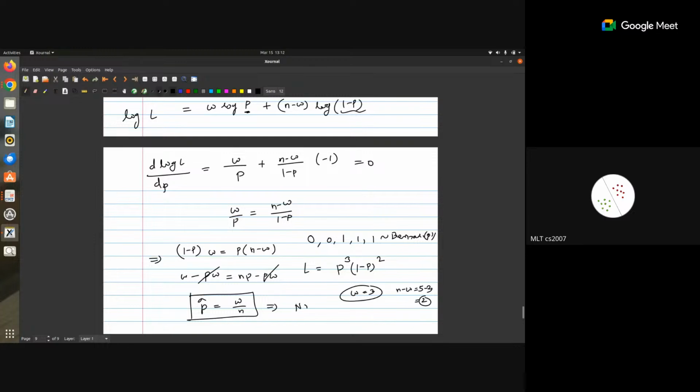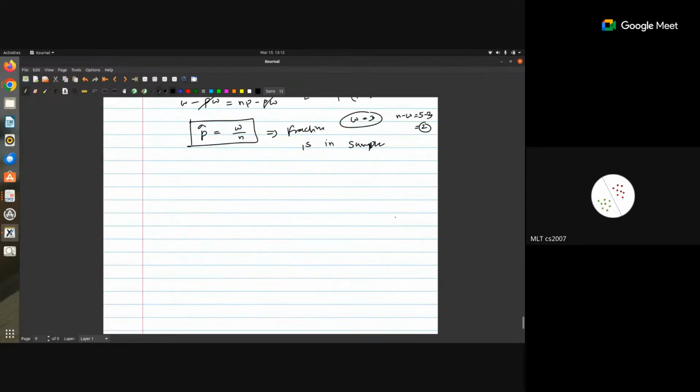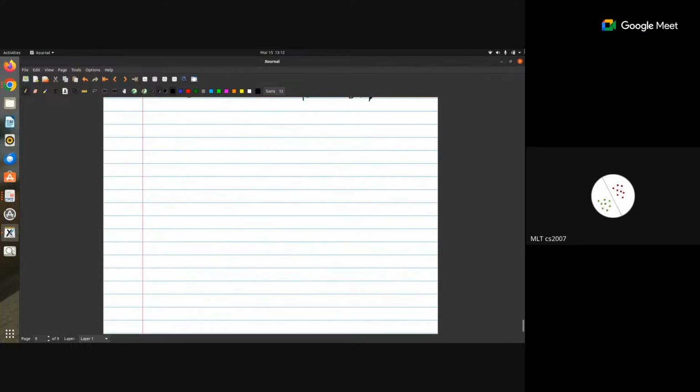What does that mean? This is actually the number of ones, the successes in the sample, divided by n, or maybe I can say the fraction of ones in the samples. This is true for the Bernoulli distribution.